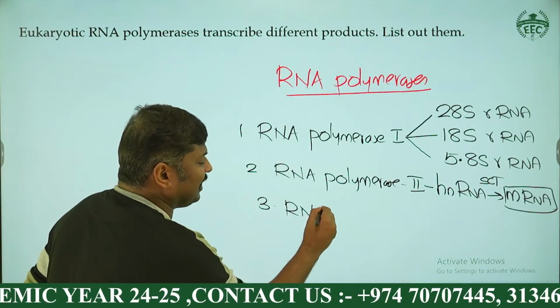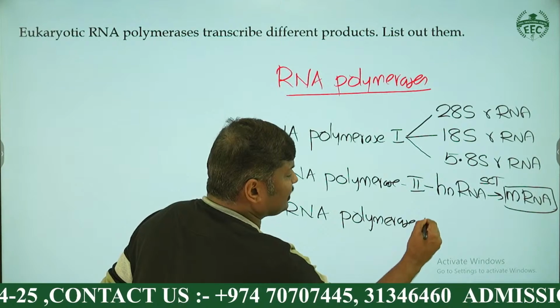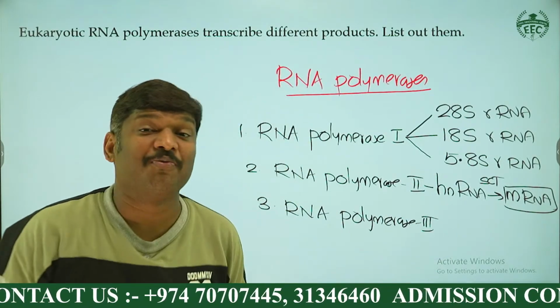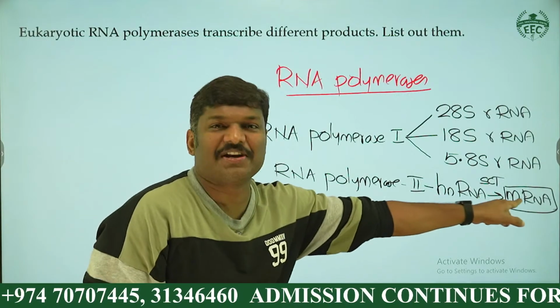RNA polymerase 3. Most students are confused over these 3 polymerases, which is why this is a very important topic. RNA polymerase 1 makes 3 rRNAs. RNA polymerase 2 makes hnRNA to mRNA.